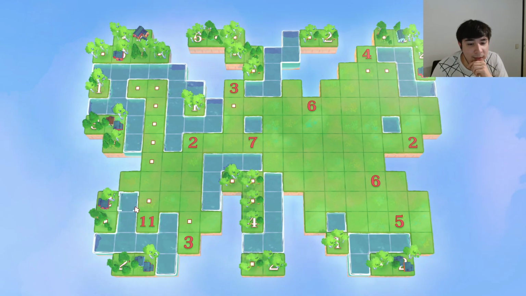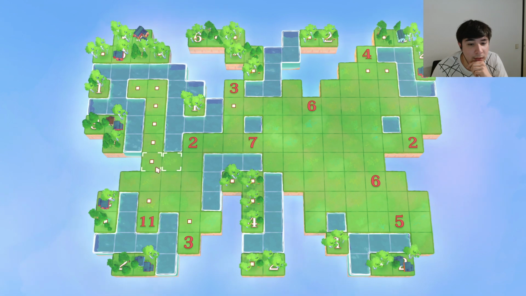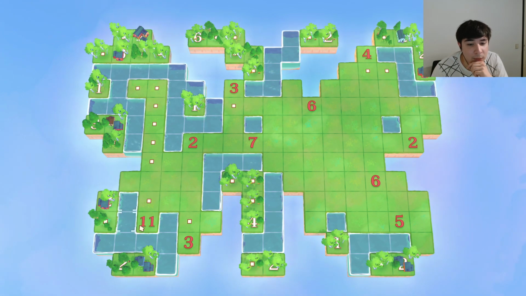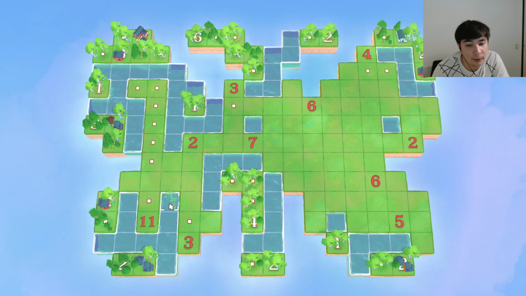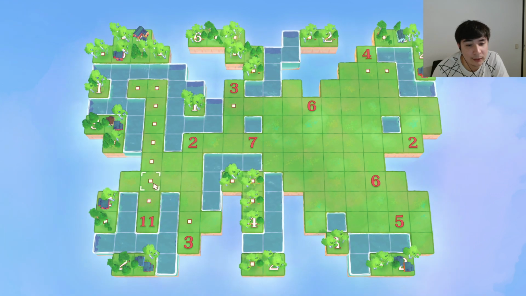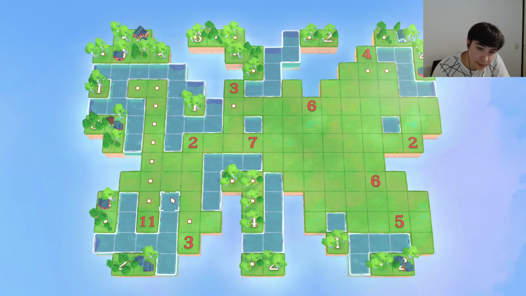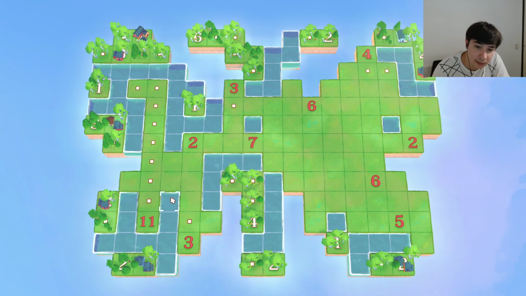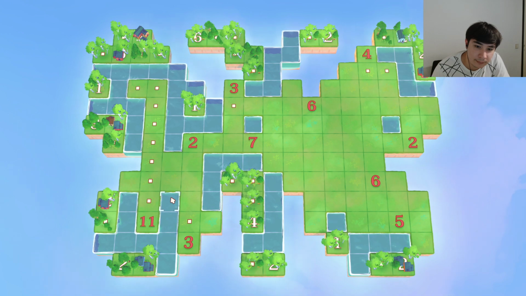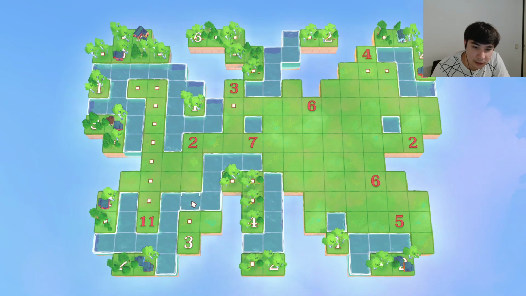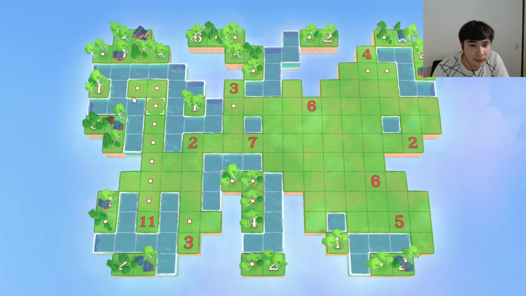Or no, it's not, because now this bit of water here, since these are sort of connected in some way, this bit of water needs to connect to the rest of the grid as well, and it has to go around the 11 on the right side. So it's going to go here. And it's going to connect to this bit over here, since I don't believe it can connect up.